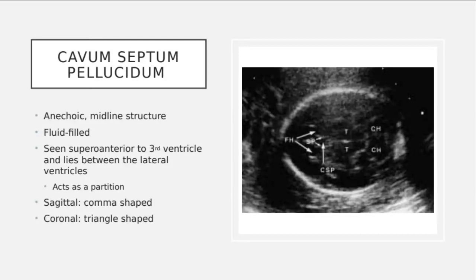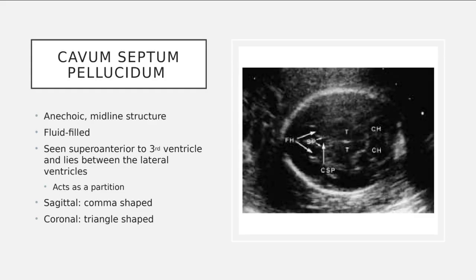Next, we have our cavum septum pellucidum. So we're kind of working our way backwards through the brain here. Cavum septum pellucidum is going to be something that we see... sorry about that.